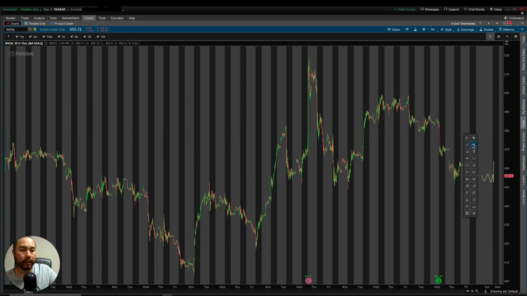Probably going to break this level. Probably going to go pretty high, maybe in the 480s for sure. So those are the two scenarios. That's all you can do, is make your scenarios. We won't know until it happens. So that's it. That's the lesson for today.